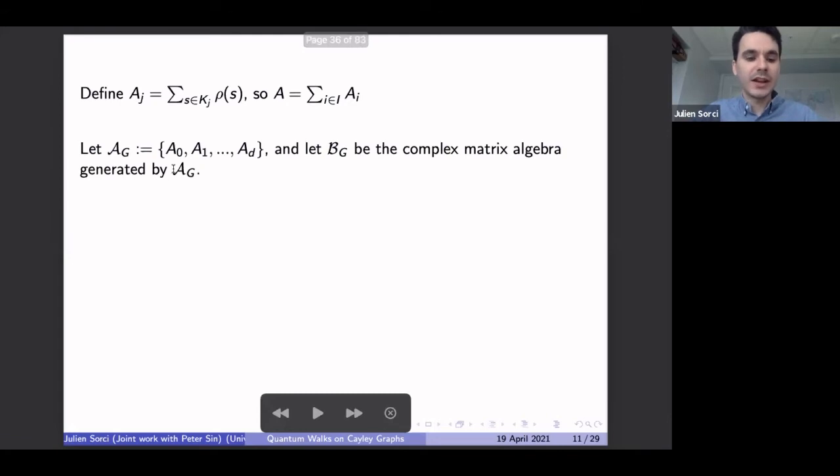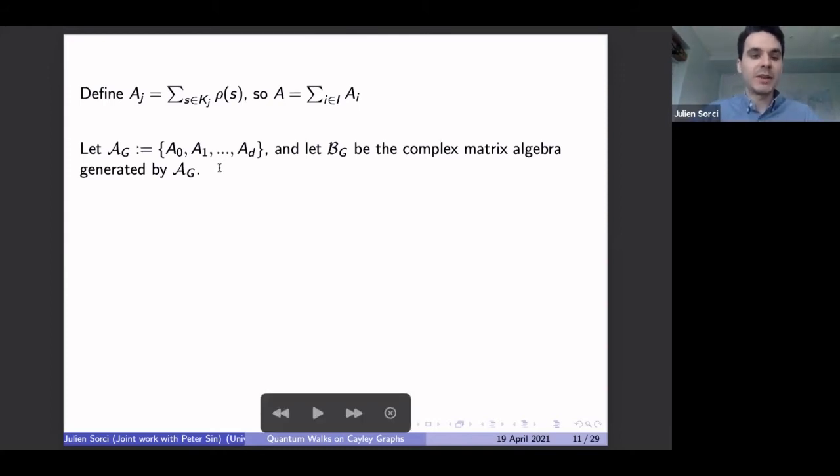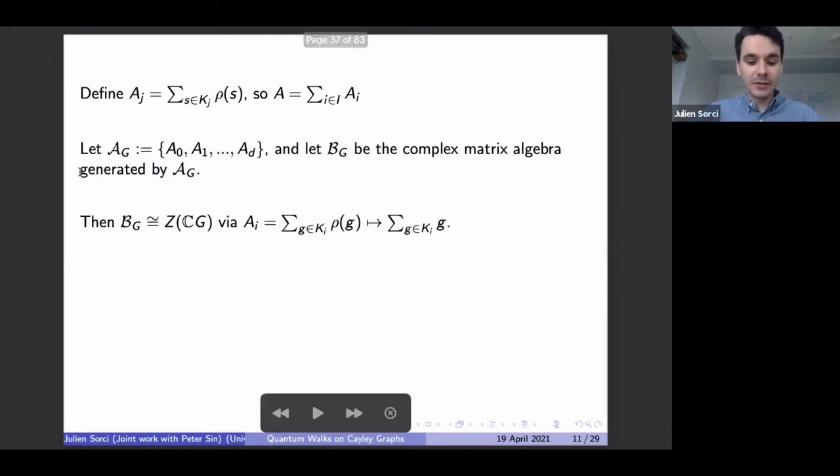And now let's look at the collection of all of the A_i's for all of the congruency classes, and then let's look at the complex matrix algebra that's generated by that set. It's sometimes referred to as the Bose-Mesner algebra. And now the algebraist in me is really happy because this complex matrix algebra is actually isomorphic to the center of the complex group algebra.